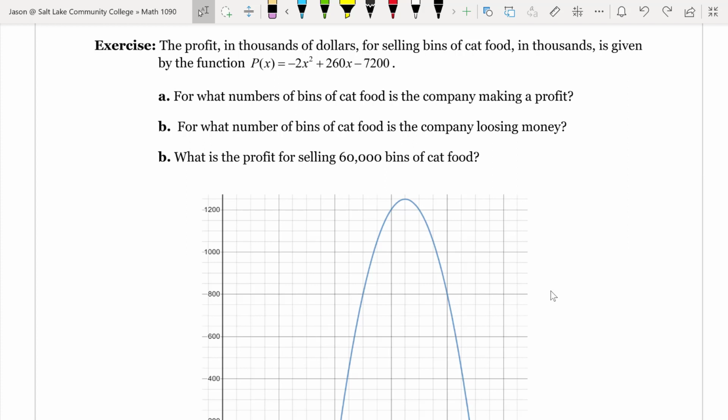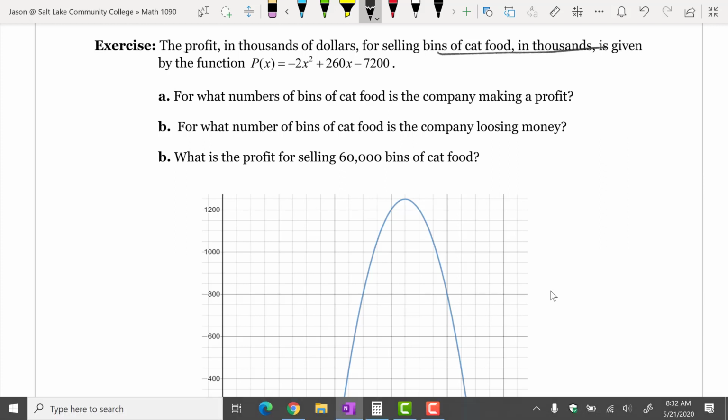The input to this function is bins of cat food. So the x-axis is going to represent how many bins of cat food we sell in thousands. And then the output is going to be the profit in thousands of dollars. Okay, so it's important to recognize that the number of bins of cat food is given to us in thousands, and then the profit is also measured in thousands.